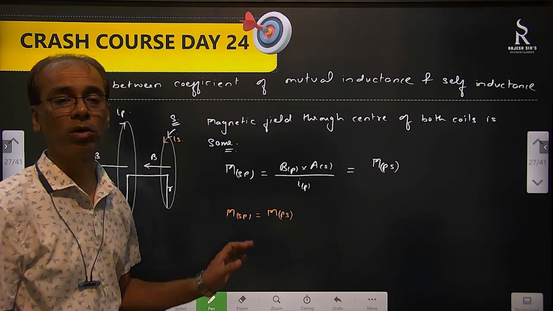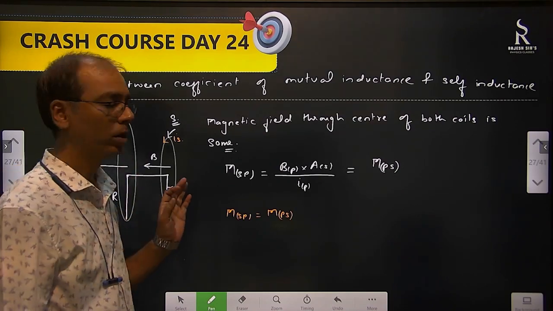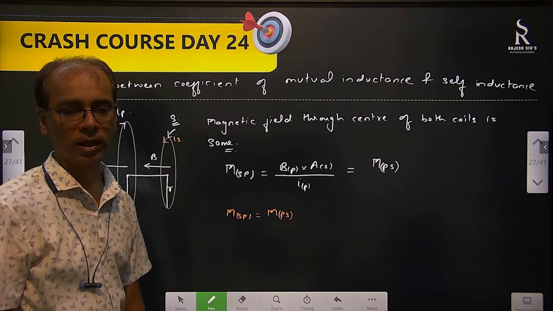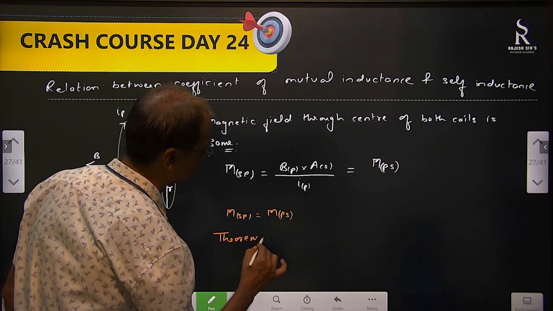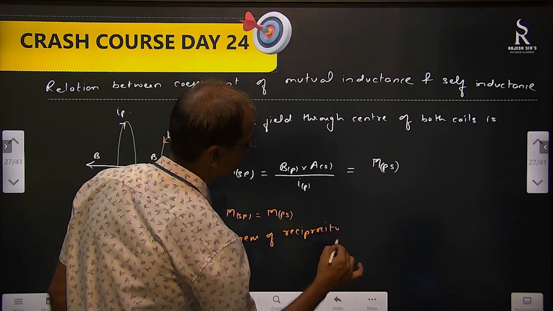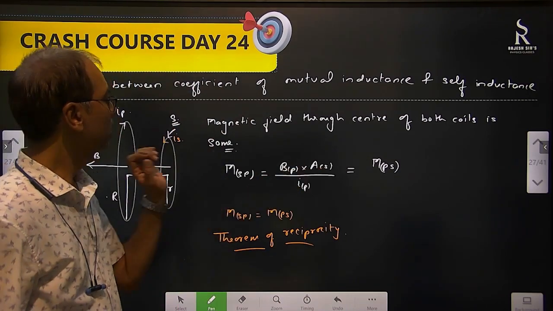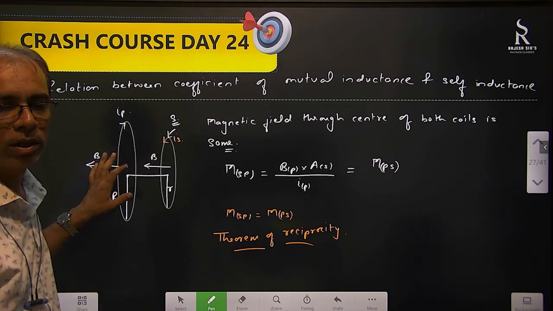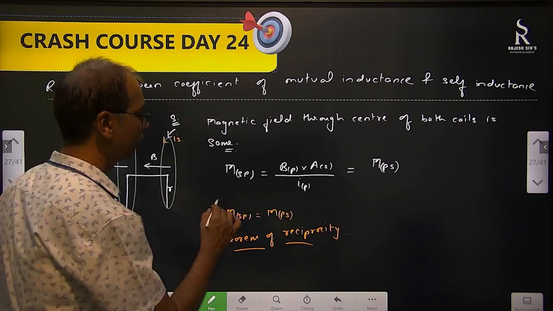This was first proved through measurements, when you do the experiments, and then through theory also it was established. There is a theorem which proves it, called the theorem of reciprocity. So one relation is that whether you talk about the mutual inductance of secondary due to primary or of primary due to secondary, both are equal. Point number one. This is important for us.